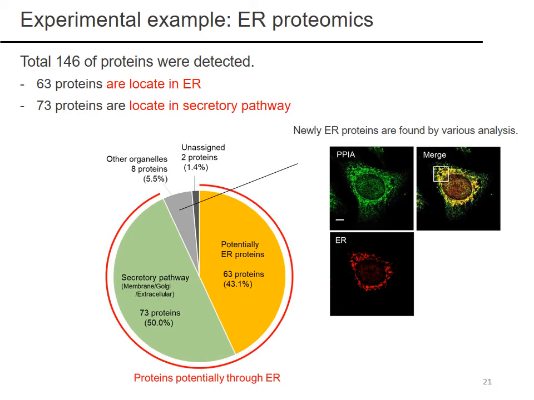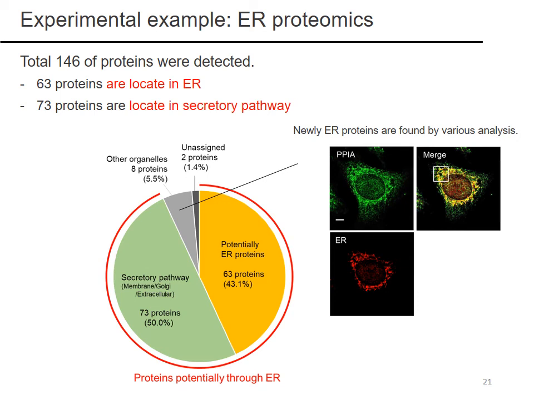Here is experimental data which shows comprehensive identification of ER proteins by LC mass spec proteomics in HeLa cells. ERM and an anti-rhodol antibody were used with HeLa cells, and as a result, a total of 146 proteins were identified in this experiment.